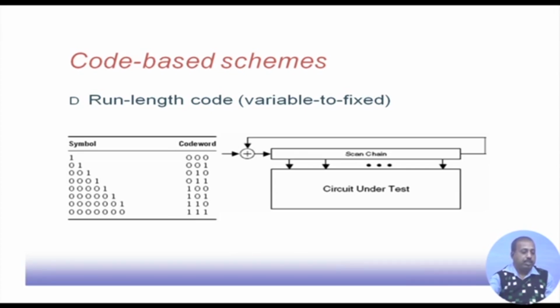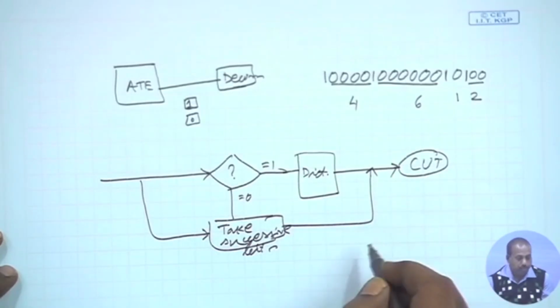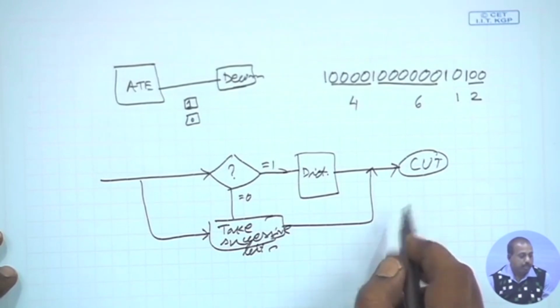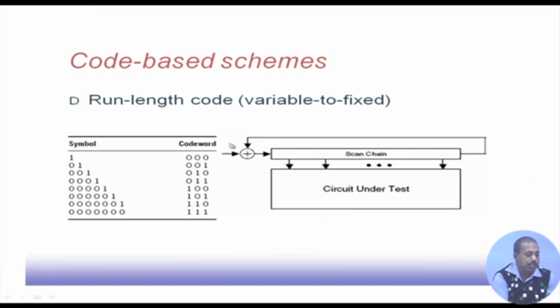Now what happens is that many a times, while shifting the pattern, we see that the pattern is going to be the same. Say this is the scan chain, and in the scan chain we already have some pattern.